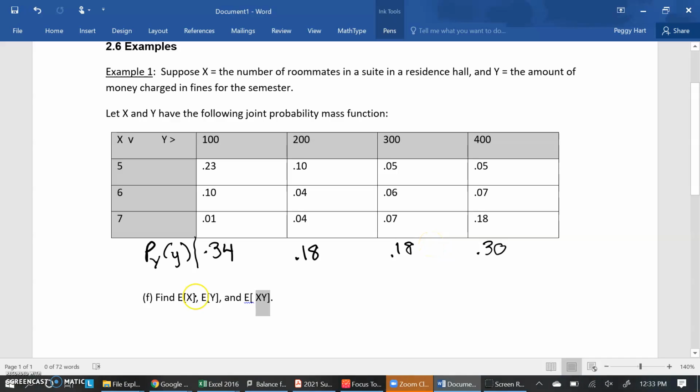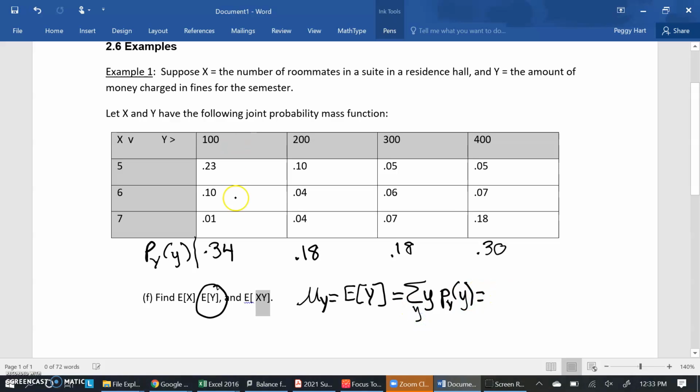What I want to do is quickly review how to find the expected value of y from a joint distribution, which is really the mean of y. The formula was y times the marginal probabilities of y, over all y values.